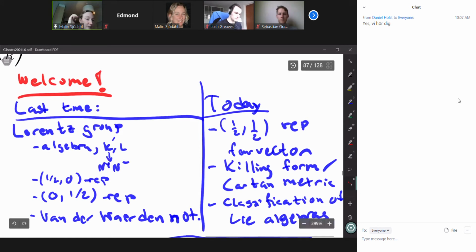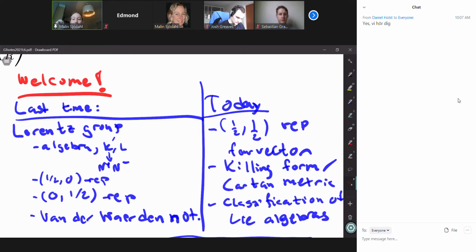And then we could split these up into different representations according to which transformation they transformed under for n plus and then minus. And we studied the 1/2 zero representation and the 0 1/2 representation. We also introduced the van der Waerden notation with dotted and undotted indices.